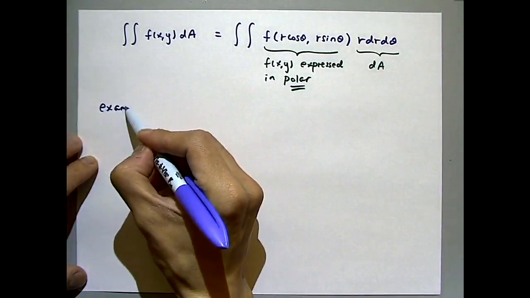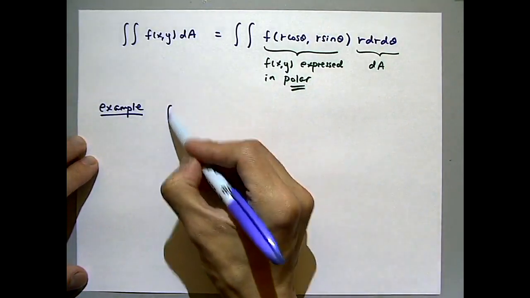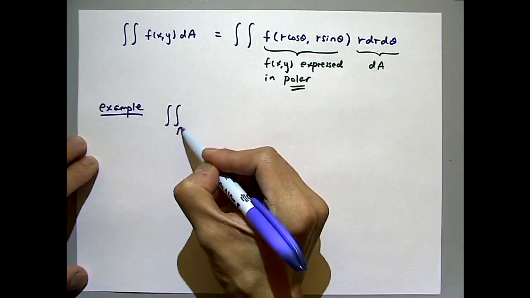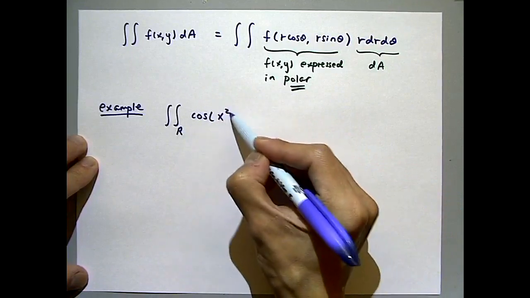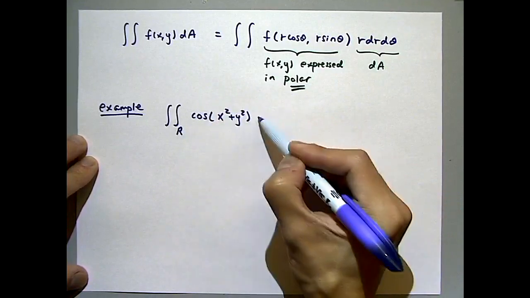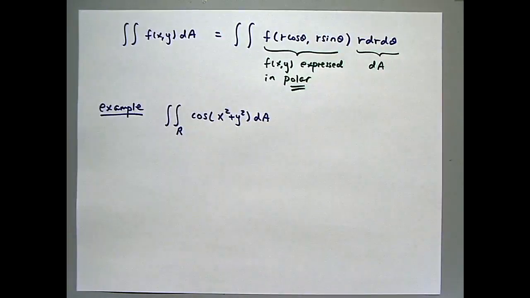Okay, let's try this on an example. Suppose we're asked to compute this double integral. Double integral over the region R, cosine of x squared plus y squared times dA.